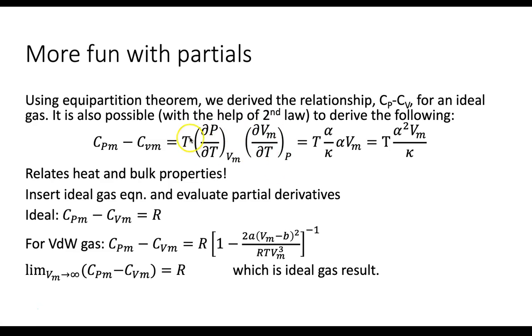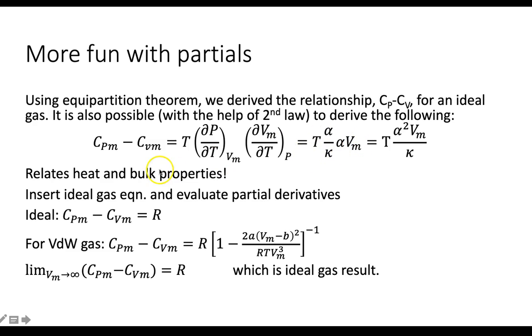It turns out that this is equal to T times these two partial derivatives. I'm using molar volume instead of just volume. This property is alpha over kappa, like we did on the last page, and this is alpha Vm, because that comes from one of our previous bulk properties.